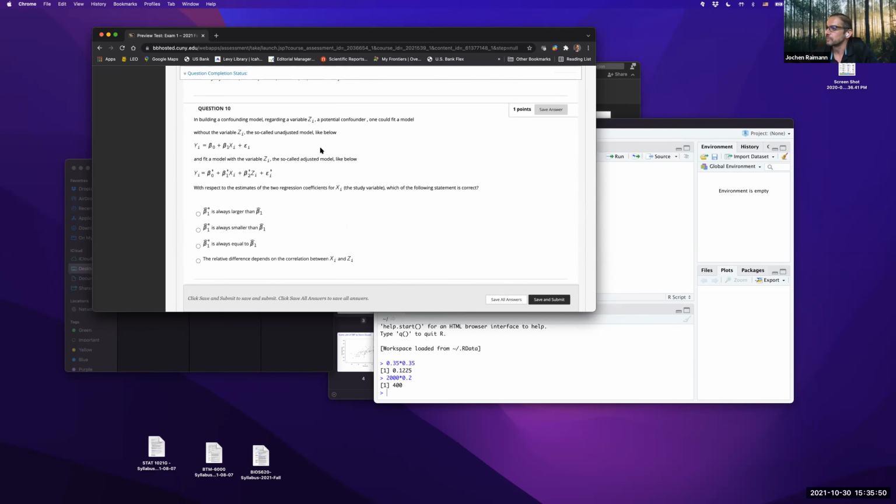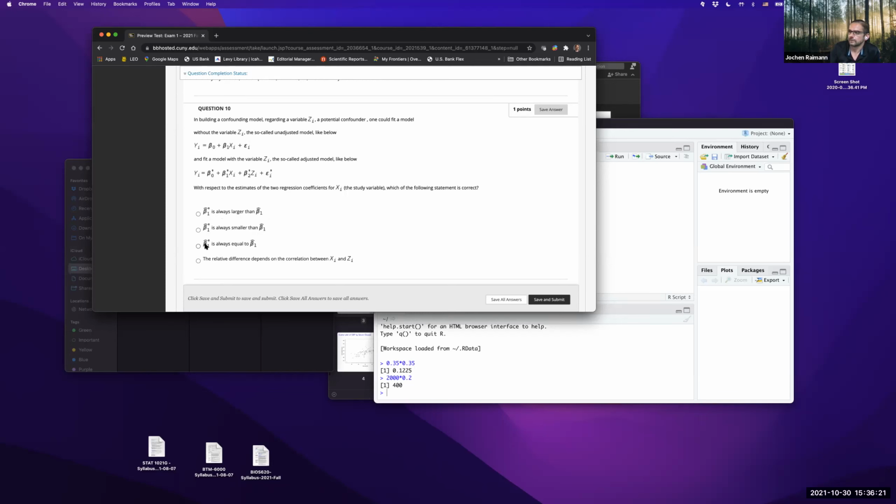Okay, in building a confounding model regarding set I, a potential is that one could fit a model without the unadjusted model. We don't fit the model at set I. The estimates, which of the following is correct? Beta 1 is always larger than beta hat 1. Is it not? Beta hat asterisk is always smaller than beta 1.